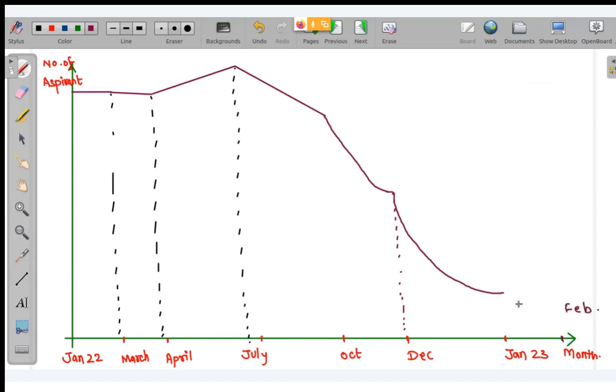February you have your exam, so you will see more decrease over here. Now, just as a vague example for ECE, assume 1 lakh students are appearing for the GATE exam. Over here it will be 1 lakh 30 thousand.